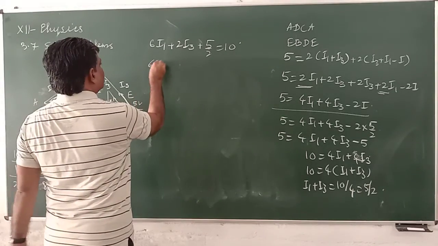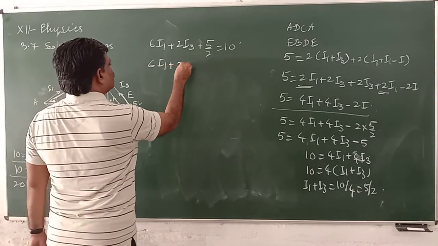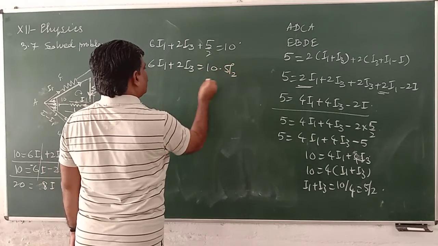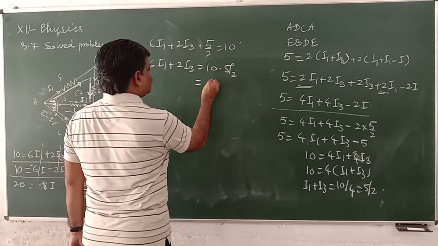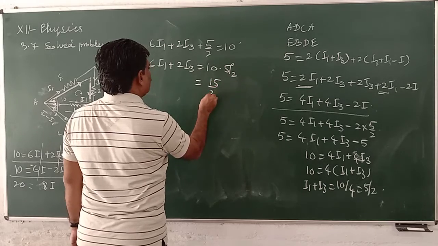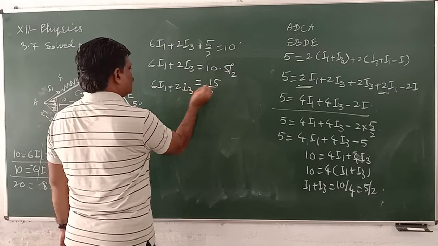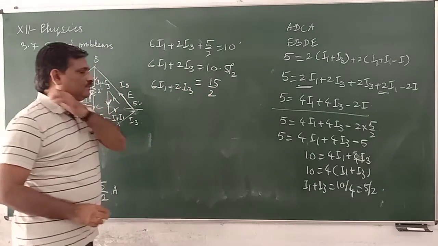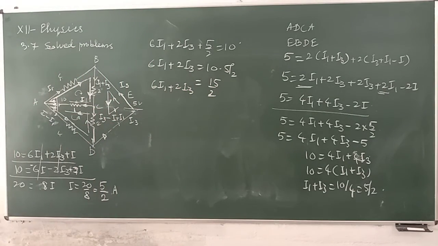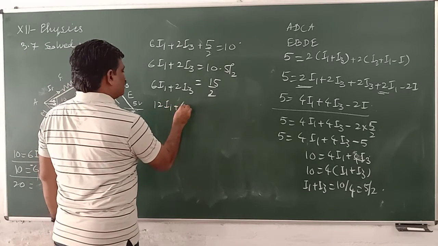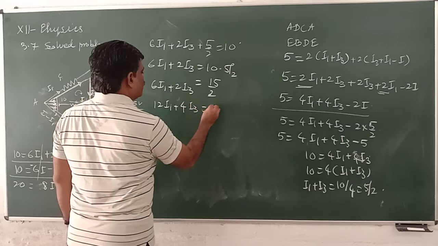Okay. 6I1 plus 2I3 is equal to 10 minus 5 by 2. That becomes 15 by 2. 6I1 plus 2I3 is equal to 15 by 2. So it gives us 12I1 plus 4I3 is equal to 15.